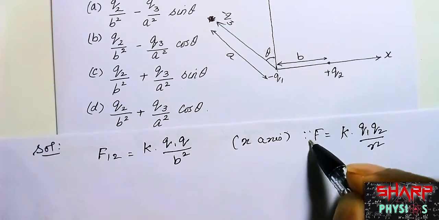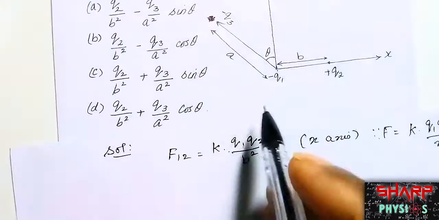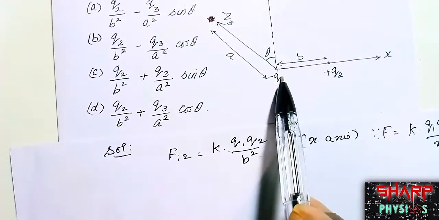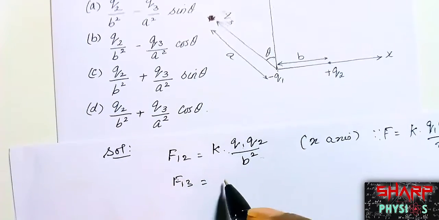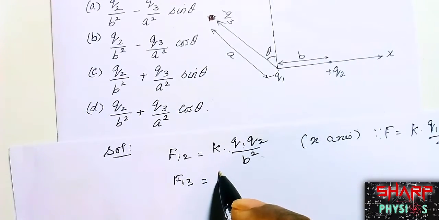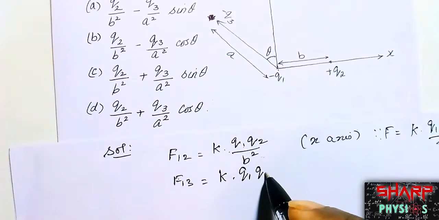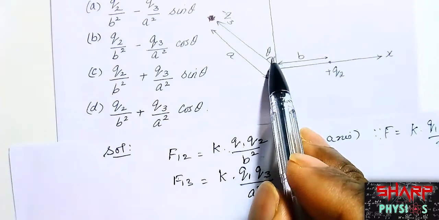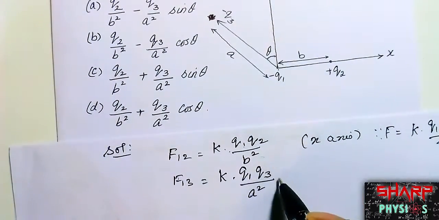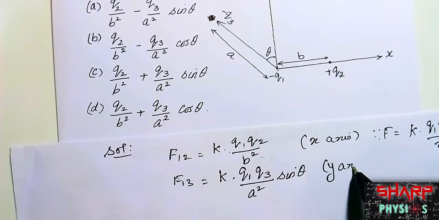Next, the force acting along the y-axis, we write it as F13 is equal to K into Q1 Q3 divided by a square. Since it has an angle theta, we give it as sin theta in the y-axis direction.